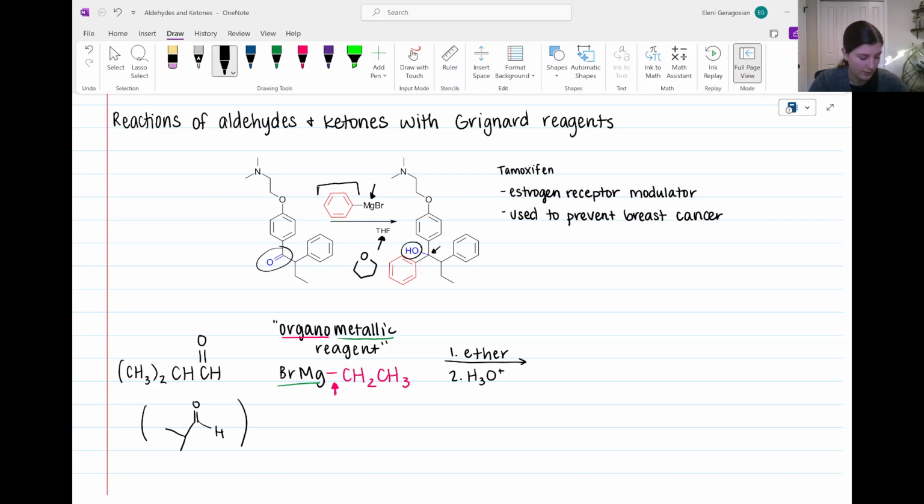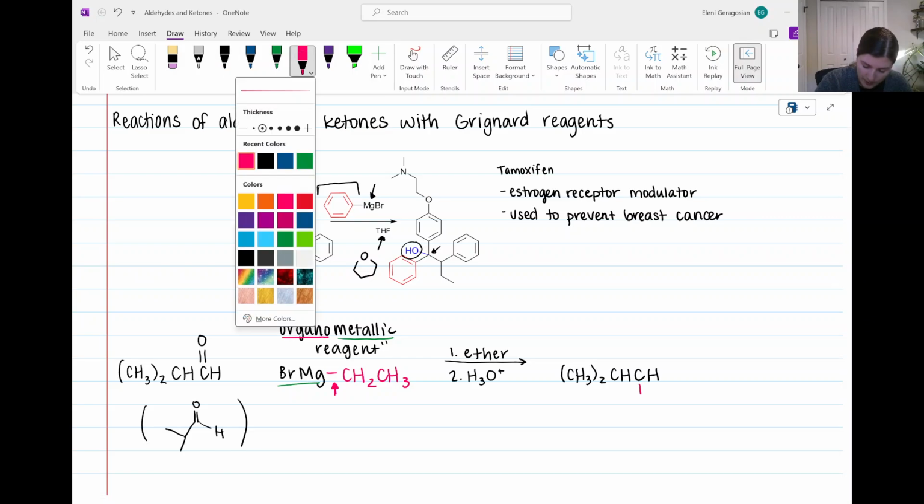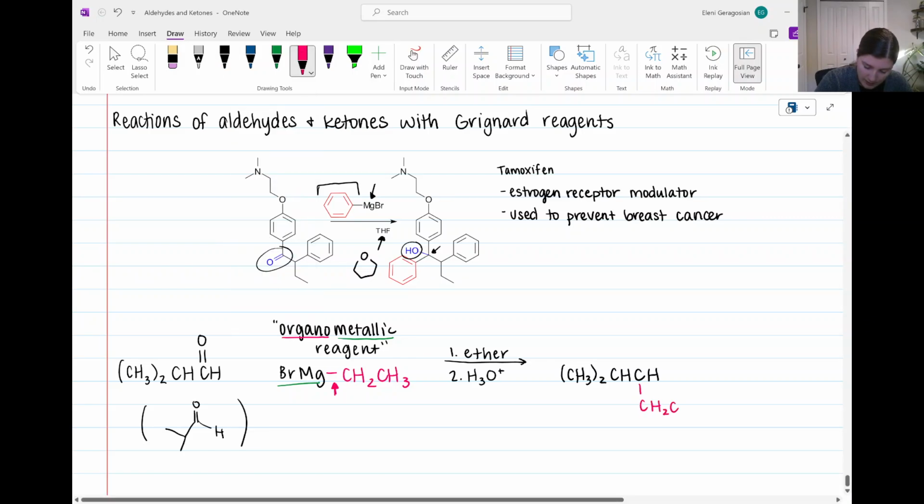Then the final product here, we are adding the organic part of the organometallic reagent to the carbonyl carbon, and the carbonyl oxygen becomes an OH group. So the final product looks like, we still have our 2 methyl groups, we still have our CH, and then the carbonyl carbon is now bonded to the methyl group from the organometallic reagent.